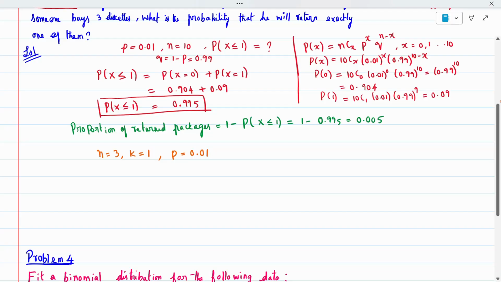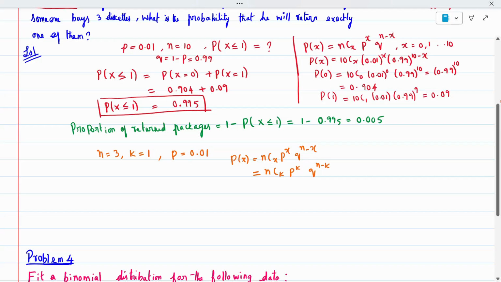So now I calculate with the same formula. P of x, nCx, p power x, q power n minus x is the general term. Now according to our question: nCk, p power k, q power n minus k.